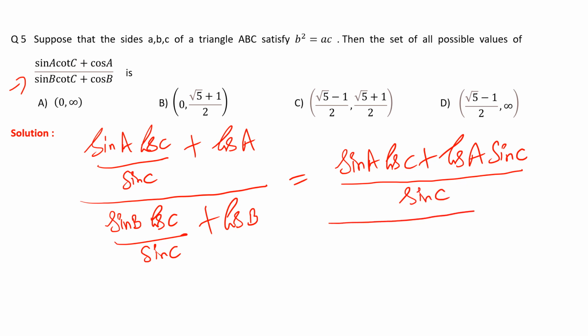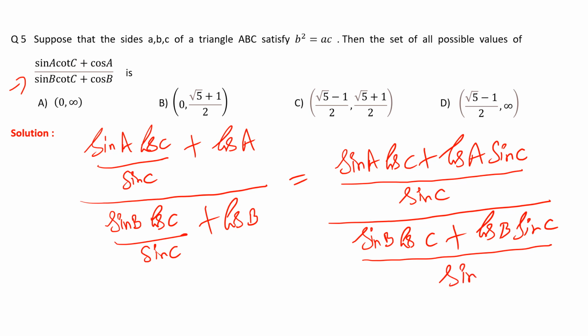right? Whole upon the denominator of this expression, which can be written as sine B cos C plus cos B sine C divided upon sine C. Now obviously this sine C will cancel out, and this expression becomes nothing but sine A cos C plus cos A sine C, whole divided upon sine B cos C plus cos B sine C. Now students, in the numerator, it is a direct formula.